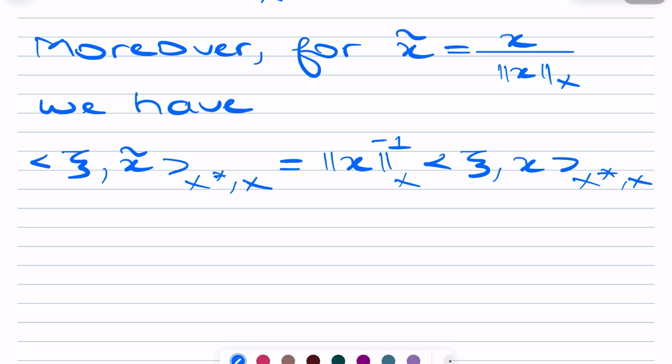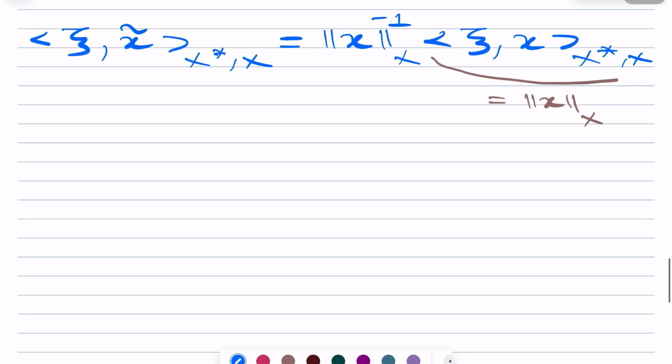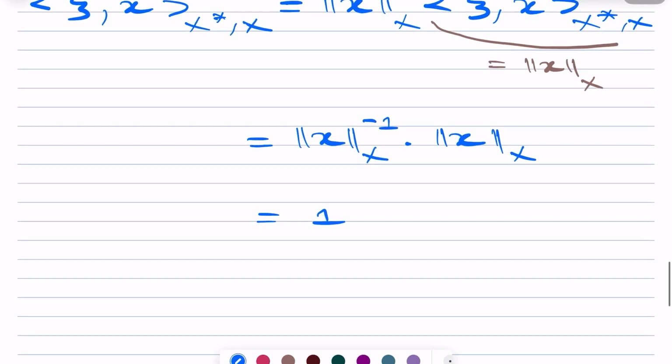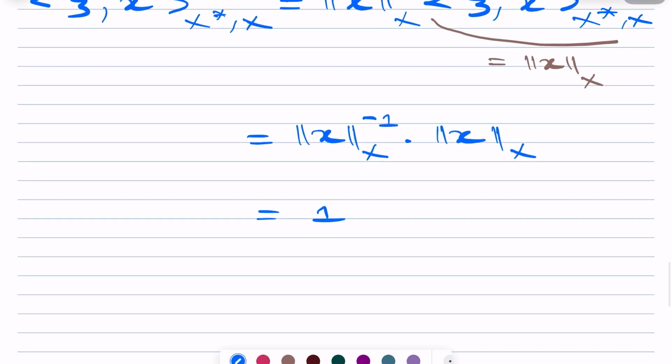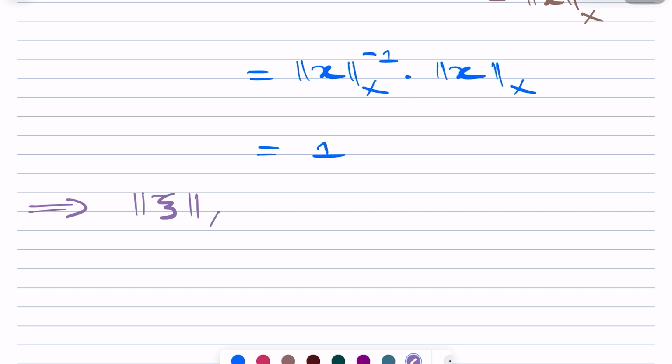Okay, but now we proved that this is exactly the norm of x. So we have that this is equal to the norm of x minus 1 times the norm of this. And this is equal to 1. So this implies basically that the operator norm of this is greater or equal than 1.